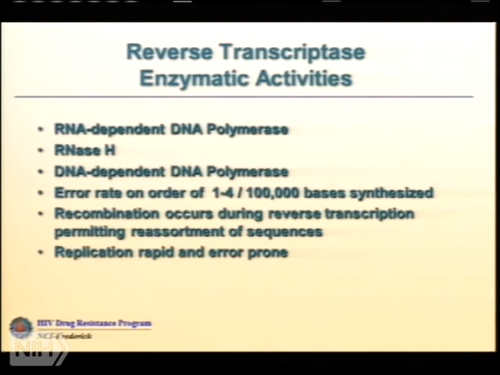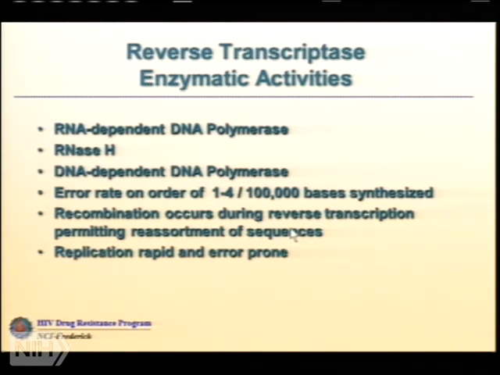Look at any of the other RNA viruses, like flu, it's about the same. Even a cold virus, about 4 out of 100,000. Anything that has to replicate RNA has a substantial error rate.